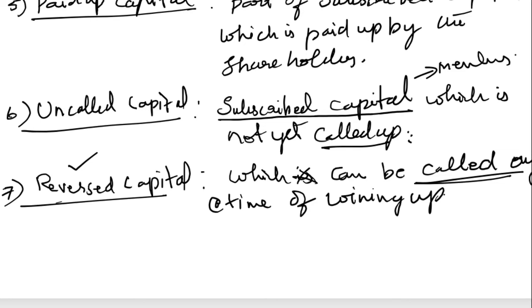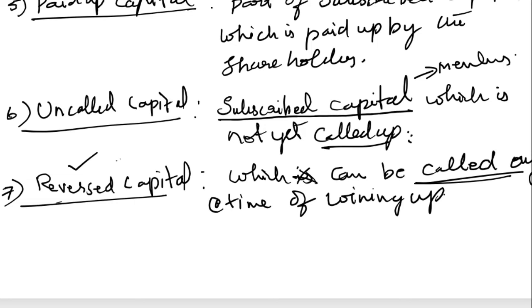That is called reserve capital. The members cannot offer it for a public subscription. The members can only possess the reserve capital until the company calls for a winding up. At that time they can redeem that share and move out from the company. So that is called reserve capital.